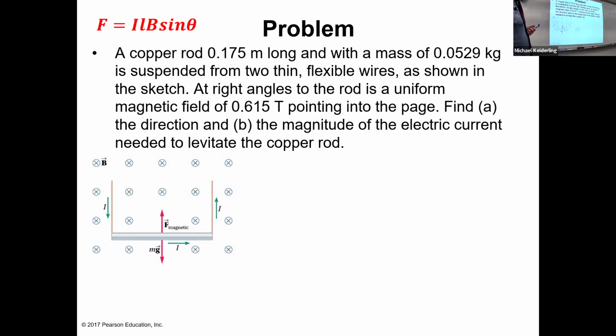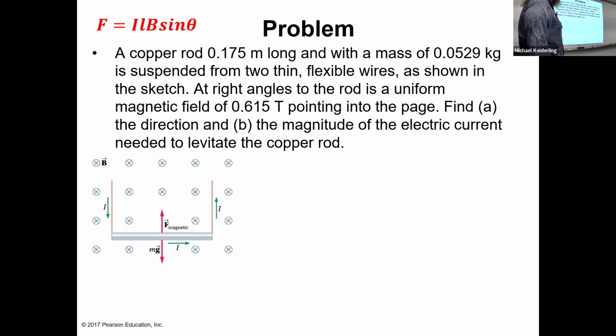Find the direction and the magnitude of the electric current needed to levitate this copper rod. So we want to figure out what current we can run through this rod so it will levitate upwards.